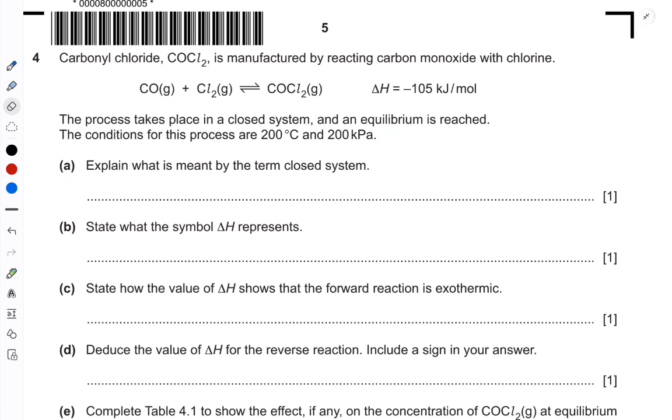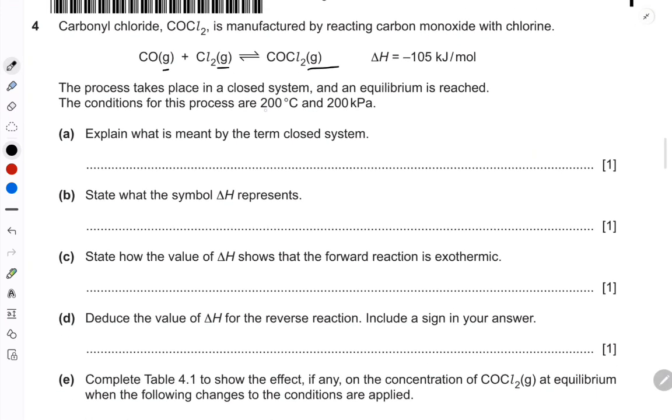Carbonyl chloride is manufactured by reacting carbon monoxide with chlorine. Okay, recognize it's a gas with a gas and another gas. So of course you can only reach equilibrium in a closed system, right? And the conditions 200 degrees Celsius and 200 kilopascals. So what is meant by a closed system?